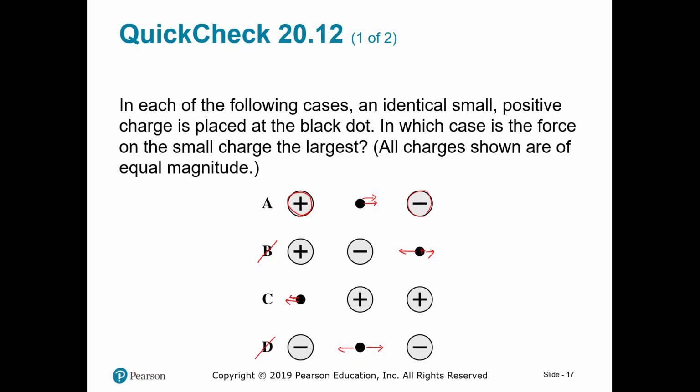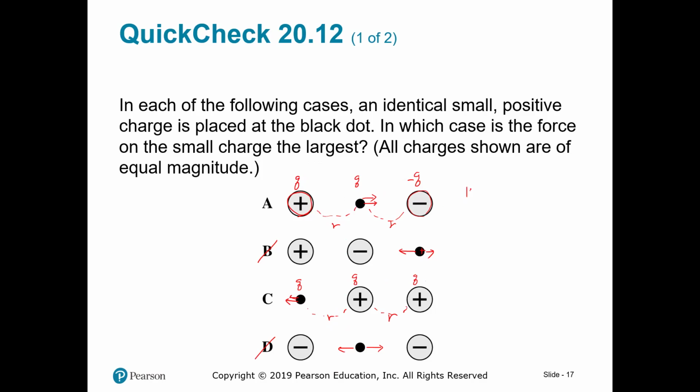Let's think about it. Let's assume case A, this is Q, and this is Q, this is Q. Of course, this is minus Q. And then again, this is Q, Q, Q. Now let's say the distance from here to here is R, and here to here is R. So the same distance R and R. So what is the force 1 due to the plus charge to the right?